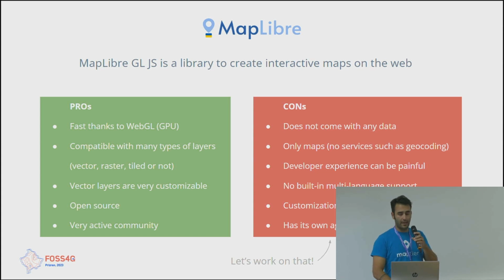There's no built-in multi-language support, even though the styling makes that possible, but it's kind of an advanced use case. Customization can be a bit overwhelming. And MapLibre has its own agenda, driven mainly by the community, and that's totally fine. The thing is that this agenda is not always aligned with MapTiler's agenda. So the points we are extending or working on are the cons.